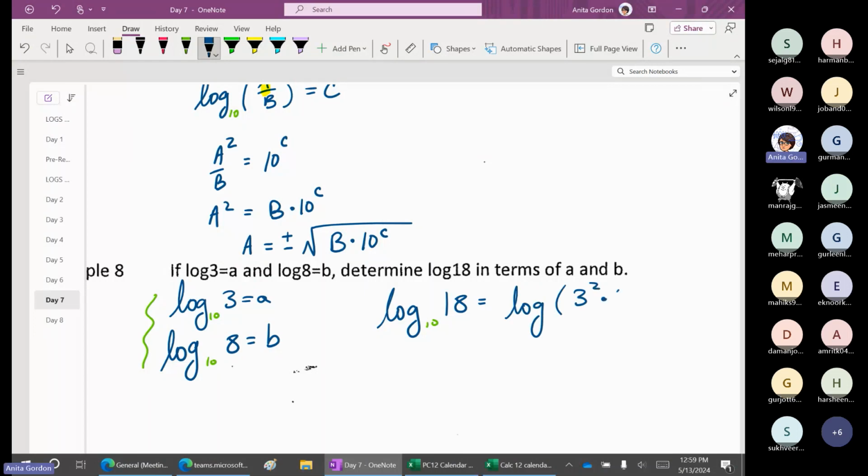Three squared times 2, which is the same as log 3 squared plus log 2. Now we can change it. We don't need to change base necessarily.